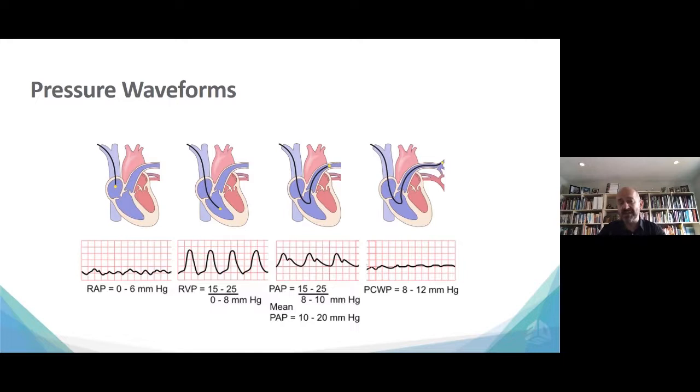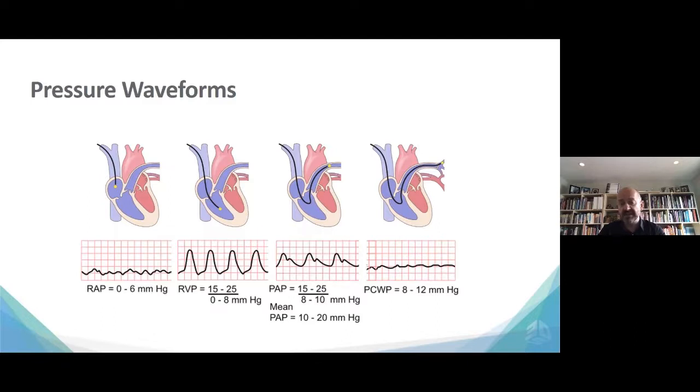When you're doing this from the bedside, that's how you know you've crossed the tricuspid valve into the RV. And then when you push the catheter a little bit further, you cross the pulmonic valve. The fact that you cross the pulmonic valve and that it's competent means that the diastolic pressure goes up. And you see how the diastolic pressure is now up from the RV pressure.